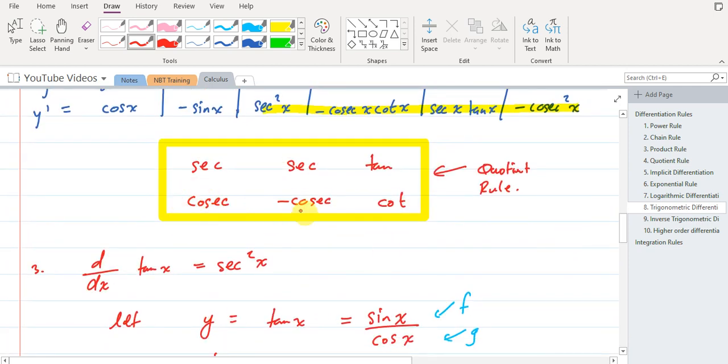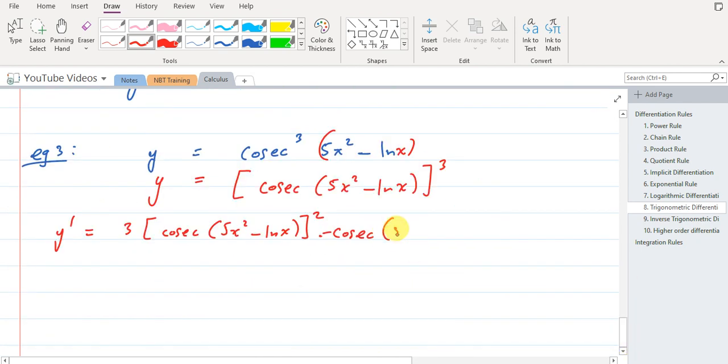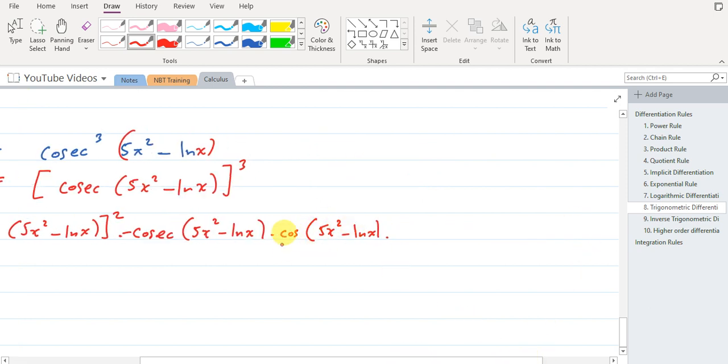Derivative of cosec is negative cosec cot. So that's negative cosec of 5x squared minus ln x times cot of 5x squared minus ln x, times the derivative of the inside, which is 10x minus 1 over x, and that's your final answer.